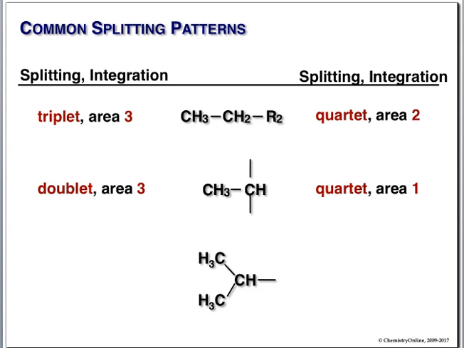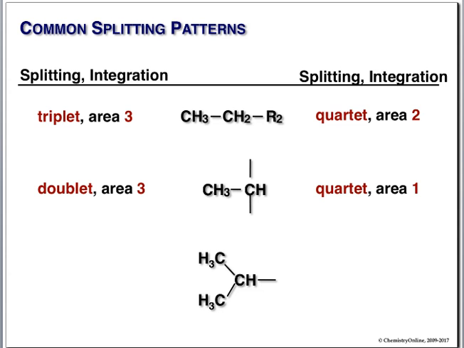We have 2 methyl groups here, but they're identical, aren't they? It's isopropyl. So they're identical. So we're dealing with 6 hydrogens. Our area is going to be 6. How many hydrogens are they next to? 1. So we're going to have area 6.